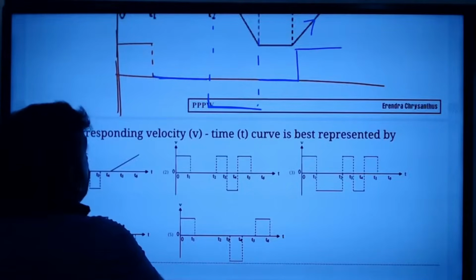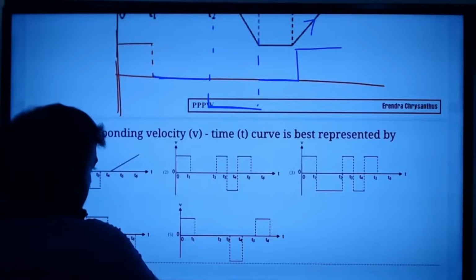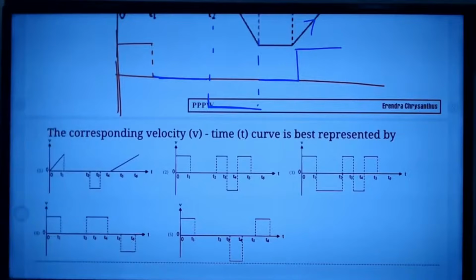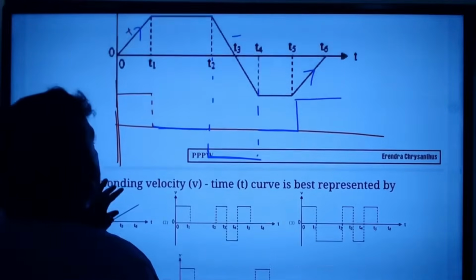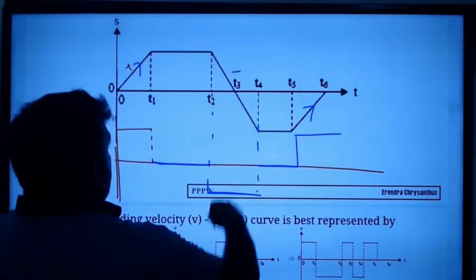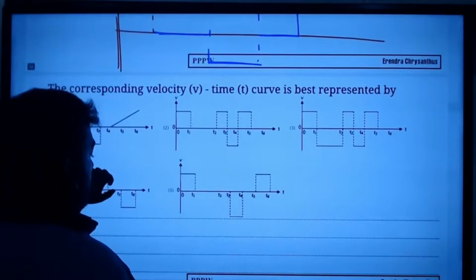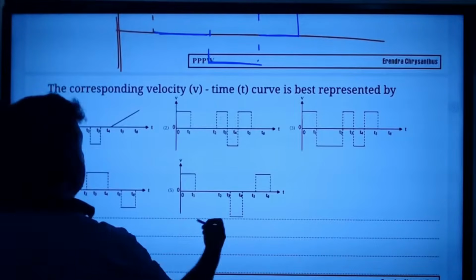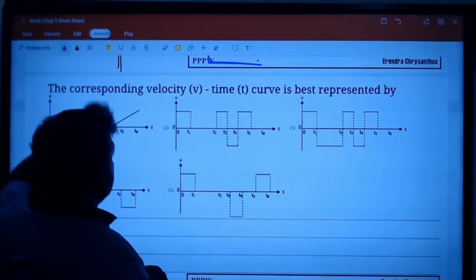T1 to T2, zero. T2 to T4 negative. I think there is a mistake in the print.